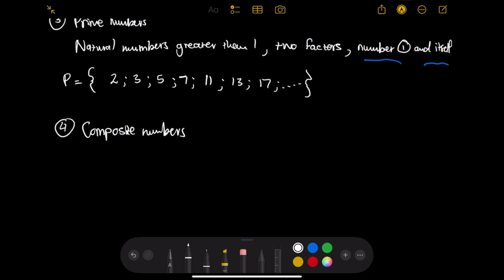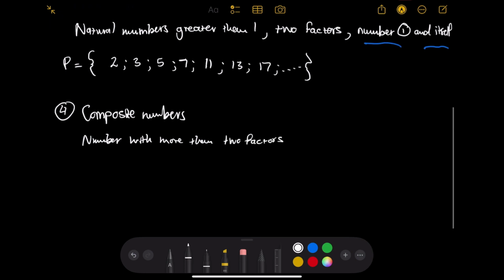So when we think about a composite number, it is basically a number which has more than 2 factors, right? So it's a number with more than 2 factors.